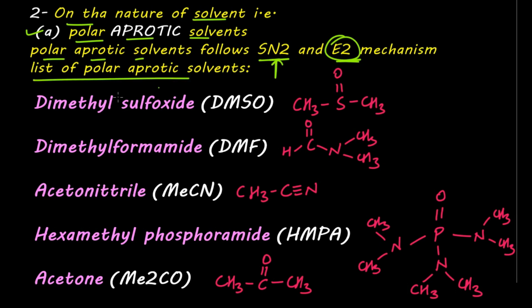Now this is the list of polar aprotic solvents, that is dimethyl sulfoxide, dimethyl formamide, acetonitrile, hexamethyl phosphoramide, acetone. These are some polar aprotic solvents. Now what are polar aprotic solvents? We will discuss it in the next slide. Just understand the examples and you can note them down also, right? So first one is, if polar aprotic solvent is there, then SN2 mechanism will take place.